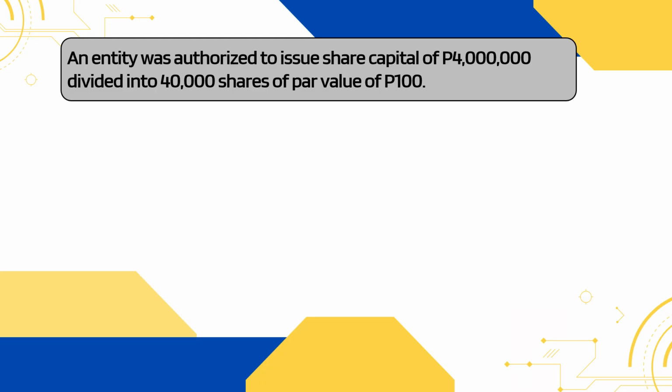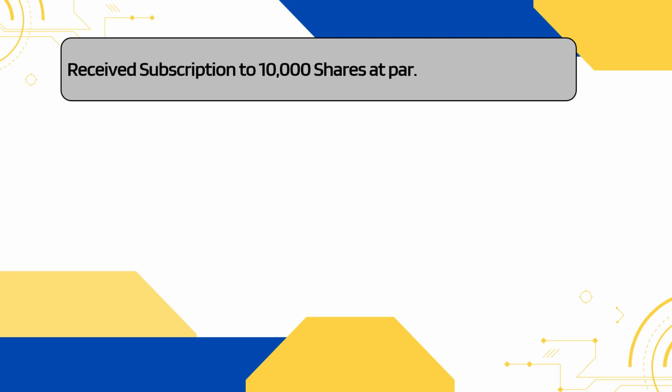Right. So let's look into how this works. So an entity was authorized to issue share capital of 4 million. The reason why it's called memorandum approach is that yung authorization, ang gagawin mo lang is a memo. So walang journal entry. The first thing that you will recognize is when you receive a subscription to 10,000 shares at par, right?